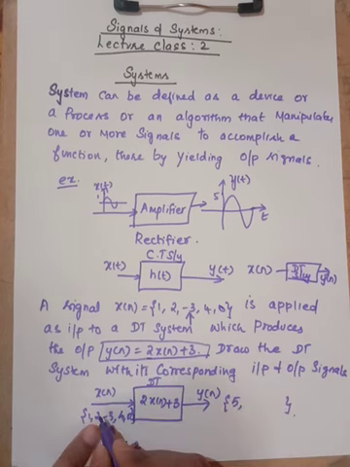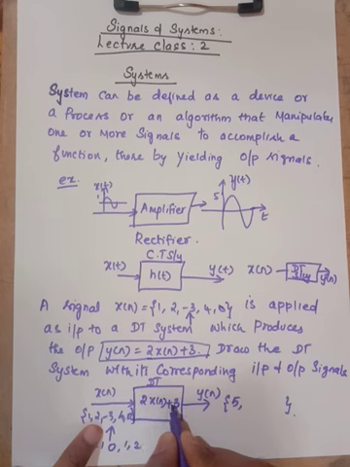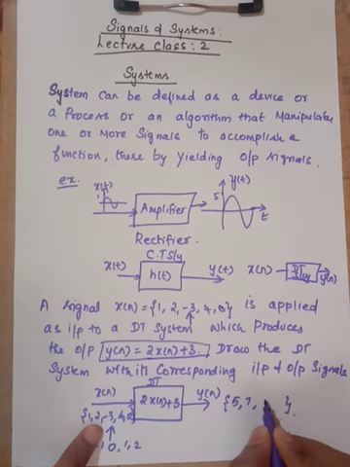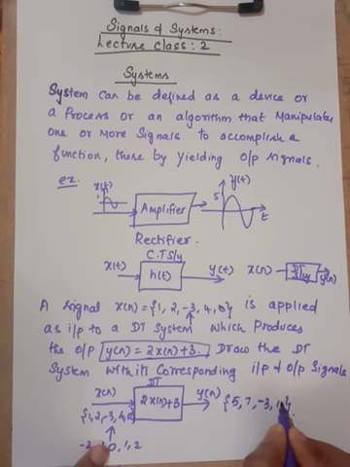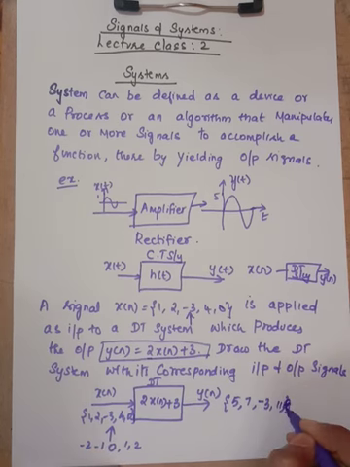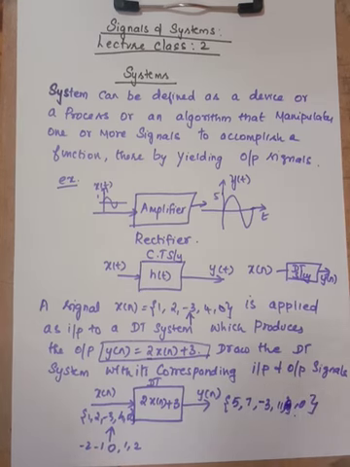Another input is 2: 2 into 2 is 4, and 4 plus 3 is 7. Similarly, obtaining for all values, you get 5, 7, minus 3, 11 and 0. This is the value you will get at the output.